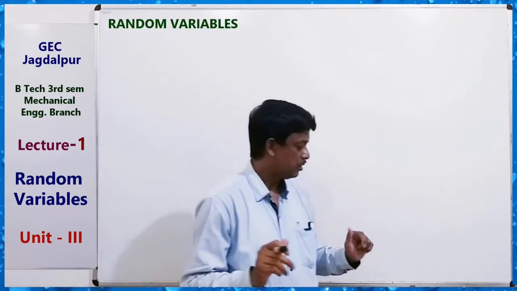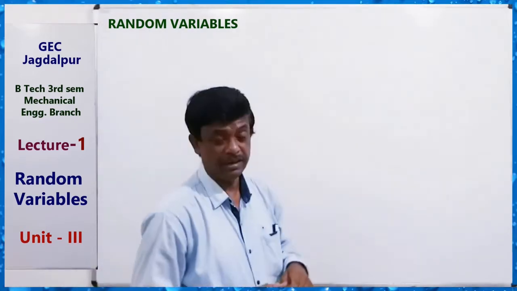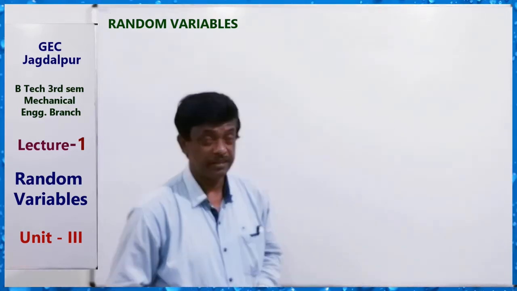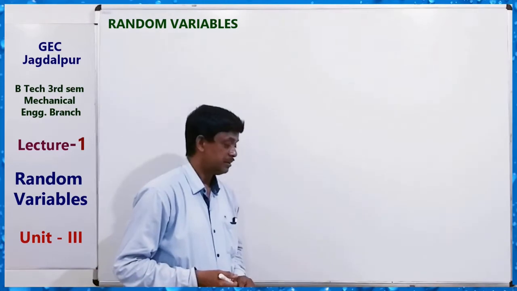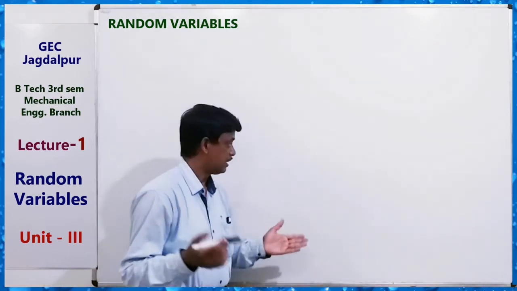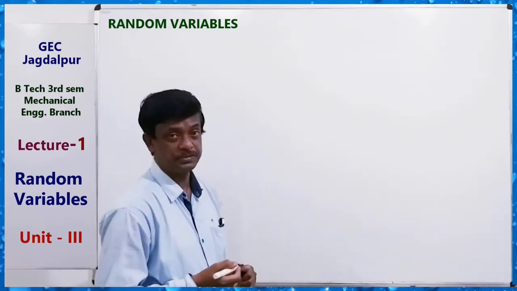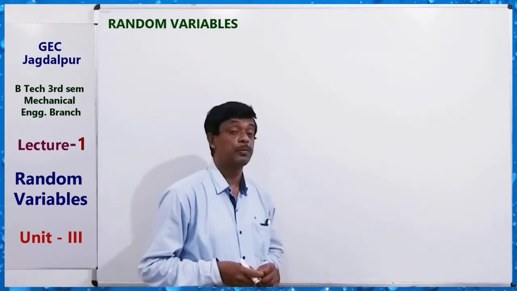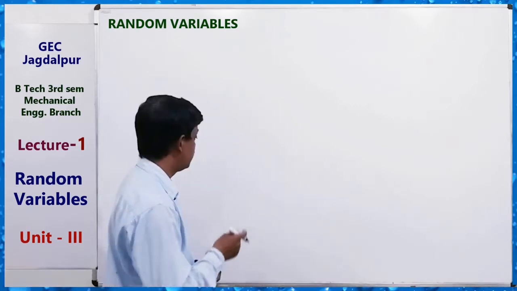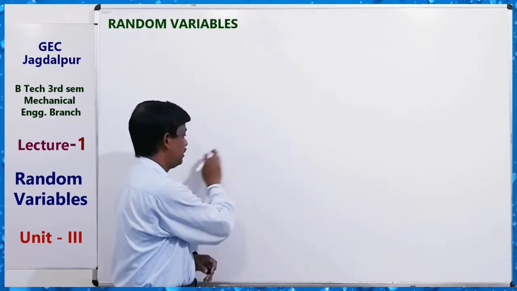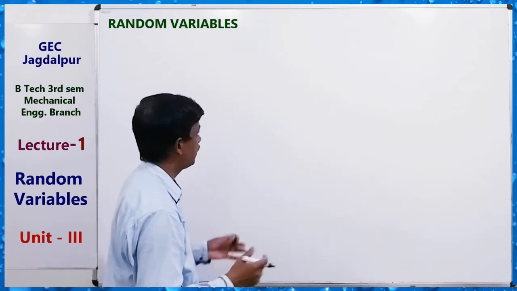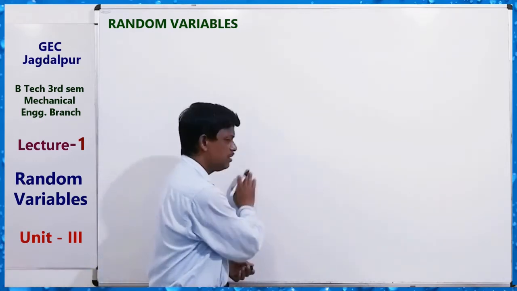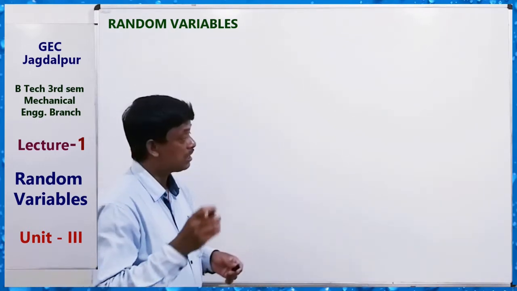So how can you define a random variable? Just like in probability, we make a sample space. So a random variable is a real valued function.